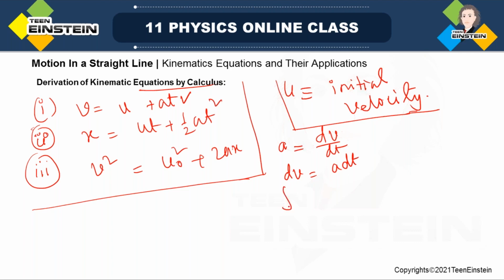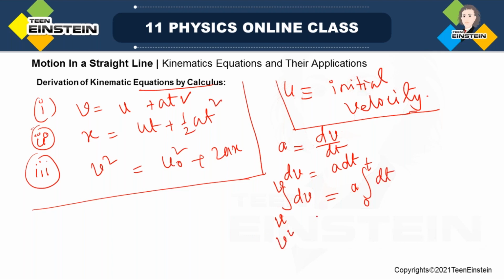Now take the integration of this quantity, the left hand side with respect to velocity, from u to v, initial velocity to final velocity. This acceleration, because it is constant or average acceleration, does not change with time, so I'll keep it out of the integration with respect to time. Here I'm taking the limits t from 0 to t, and dt.